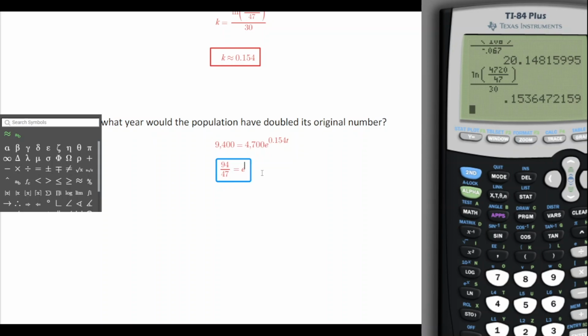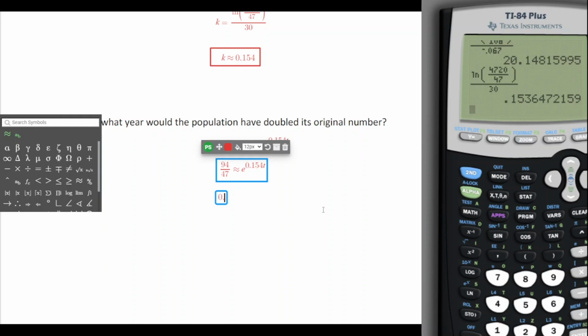Equals e to the power of 0.154t. Again, this is an approximation. Really, I guess we should have an approximate symbol here because my k value is not exact. It's just a technicality and not really going to affect how we solve the problem, but if we want to be absolutely correct, this is what we have to do.